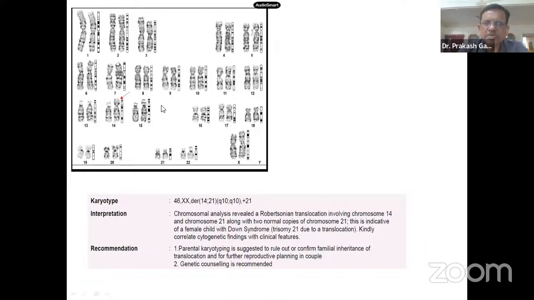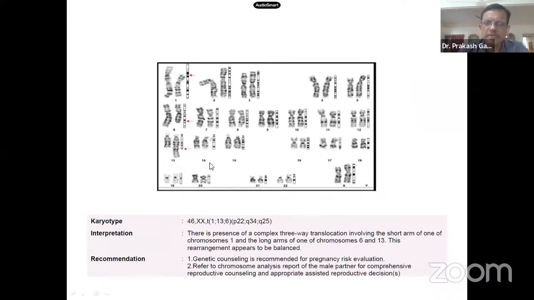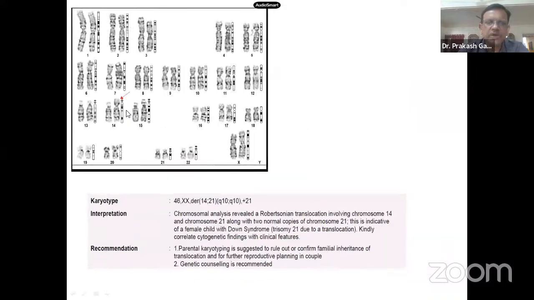The total number of chromosomes is 46 only, if you count them. But this is an abnormal chromosome formed by this joining, and this is a translocation. This particular type of translocation is known as a Robertsonian translocation, which occurs between two groups of chromosomes: the D group, which is 13, 14, and 15, and the G group, which is 21 and 22.